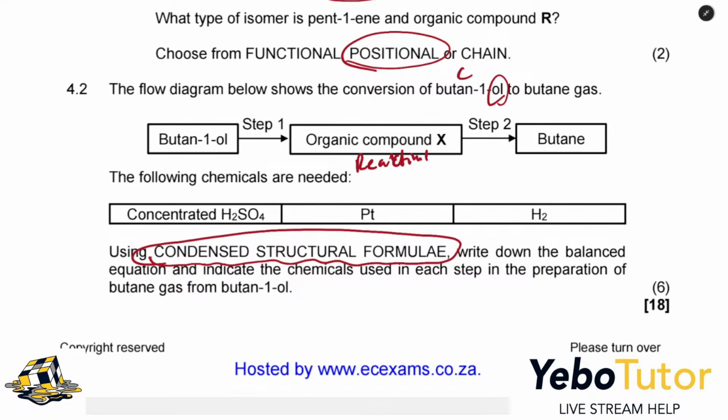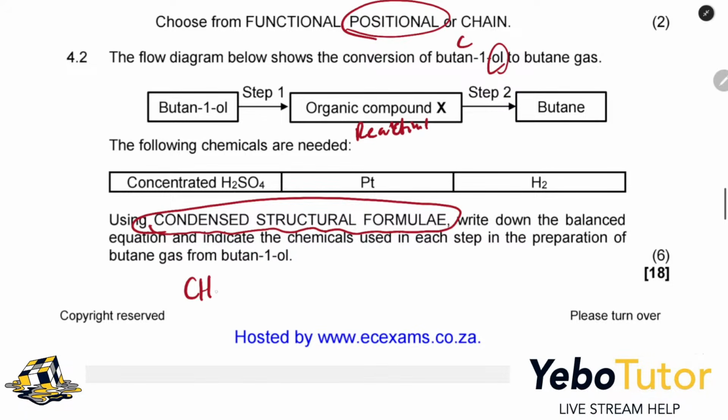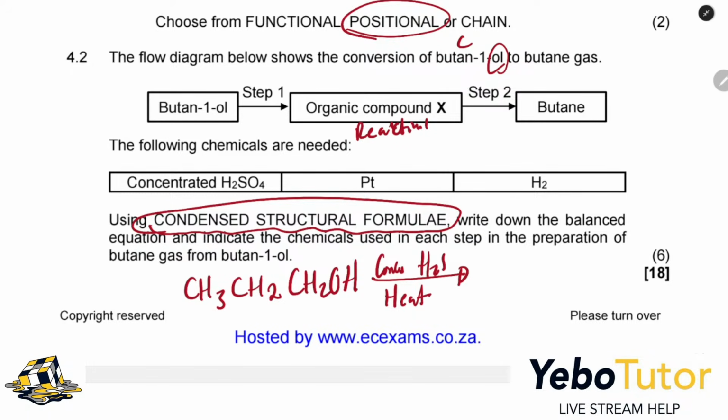So if we look at this, we can see that this is going to have our reaction 1, which is going to have CH3CH2CH2CH2OH. Then of course, with heat being there, and we have our concentrated H2SO4.